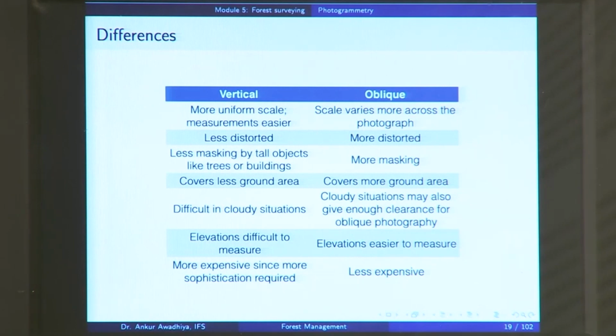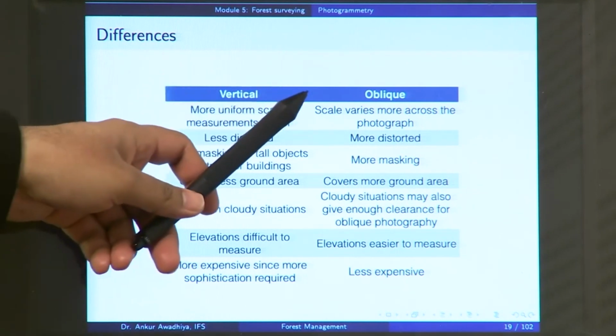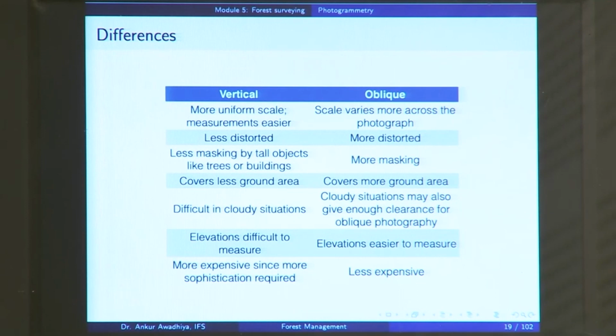So typically we go with either a vertical orientation of the camera or an oblique orientation of the camera. Now in the case of a vertical orientation, there is a more uniform scale, the measurements are easier. In the case of an oblique orientation, the scale varies more across the photograph, and so it is difficult to take measurements.